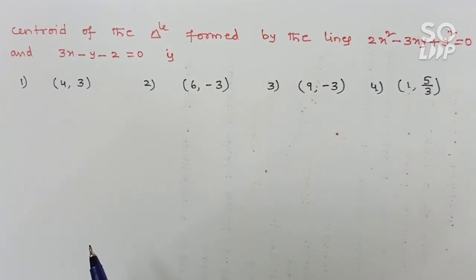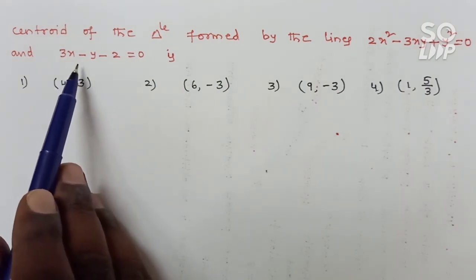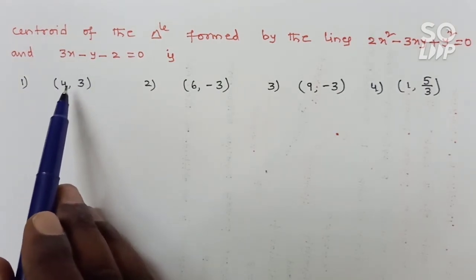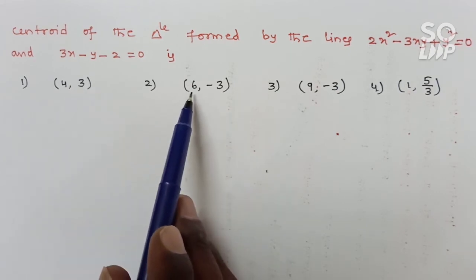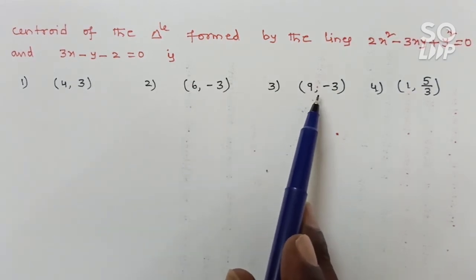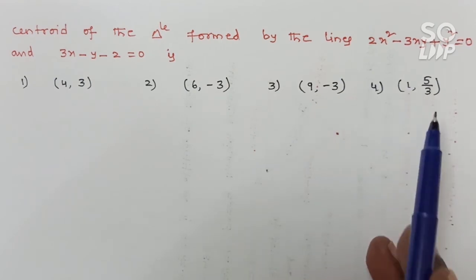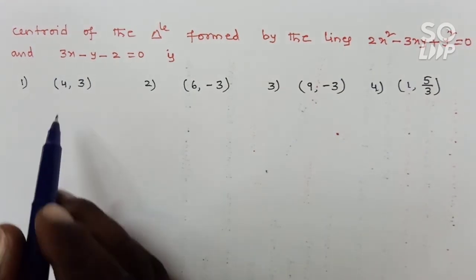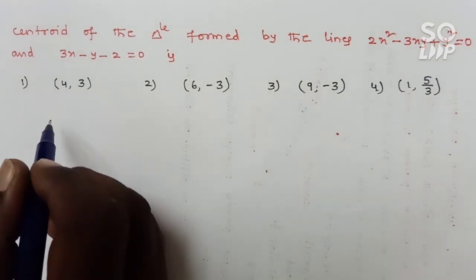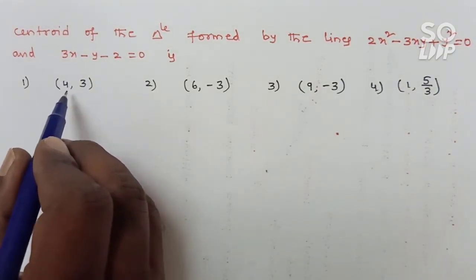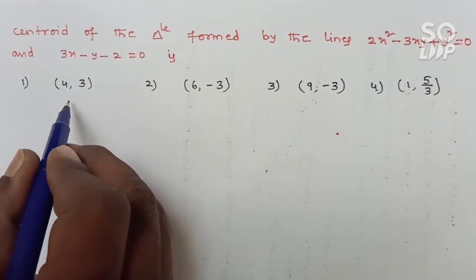That method. And another method is, if the centroid is one of these, here (4, 3), (6, −3), (9, −3), (1, 5/3), any one may be the centroid. Now this point you take as (x1, y1).